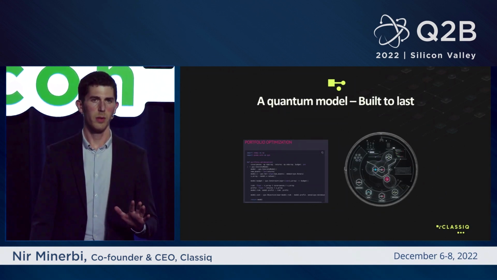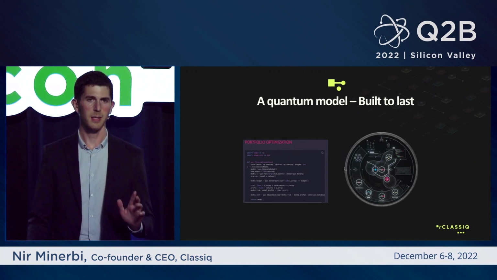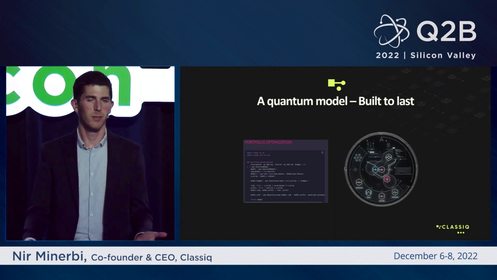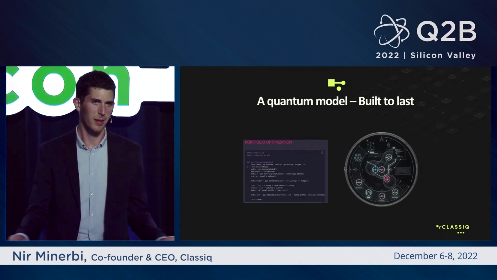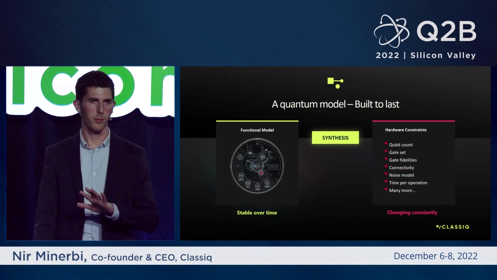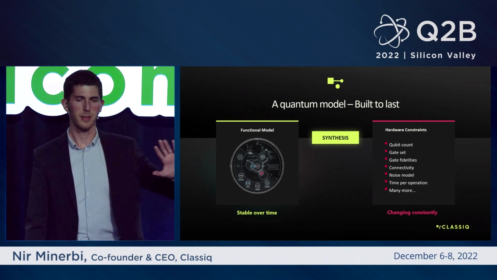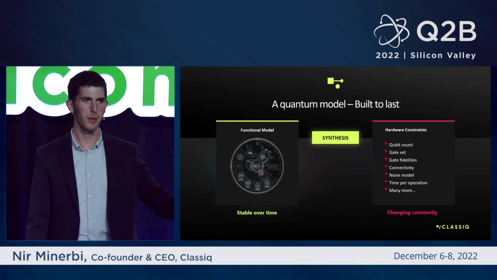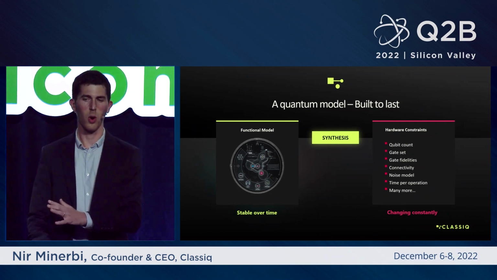A quantum model is built to last, right? This is unlike a quantum circuit that may be good for today, but tomorrow the hardware has changed and it's pretty much irrelevant. And why is that? Because again, you have full separation between functionality, which could remain stable over time or adapt or grow with the company knowledge, and the constraints, which are constantly changing.